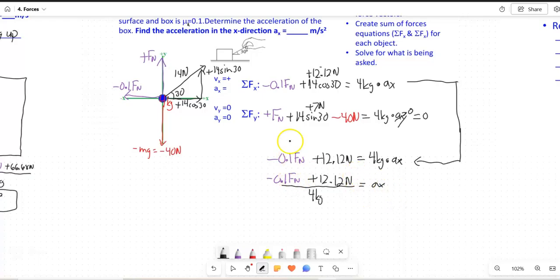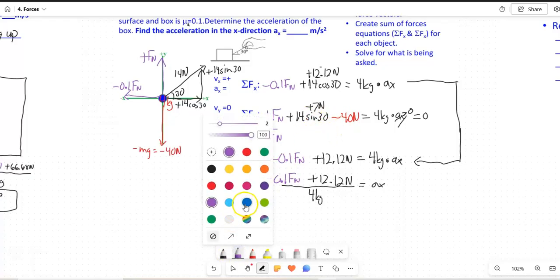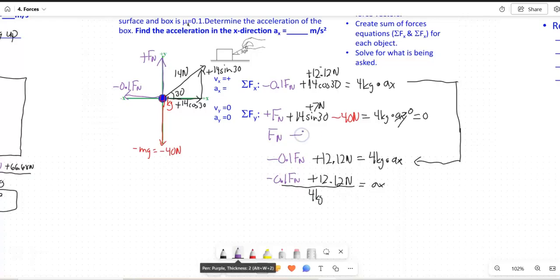We don't know the normal force. Let's go ahead and figure it out right here. So that normal force is going to be equal to 7 minus 40. That'll be minus 33 newtons equals 0.